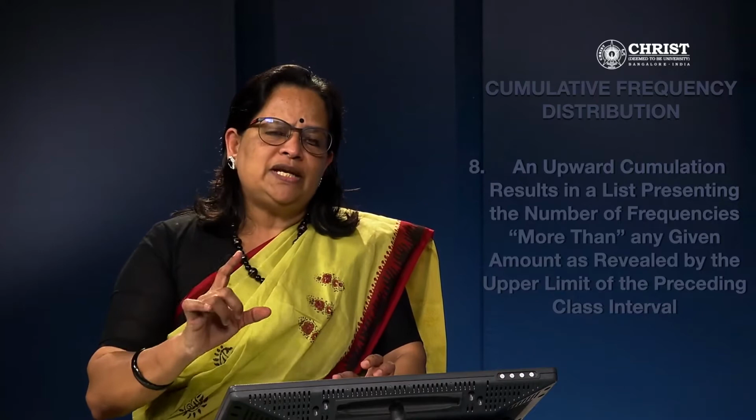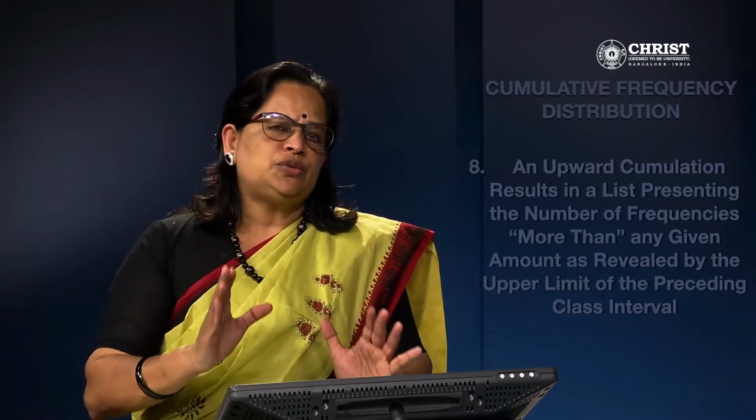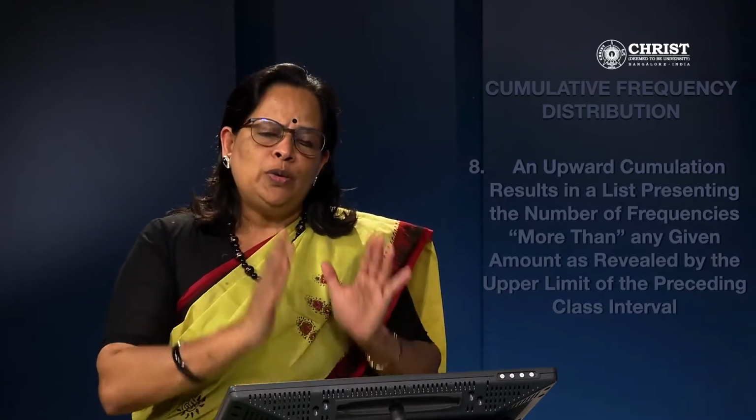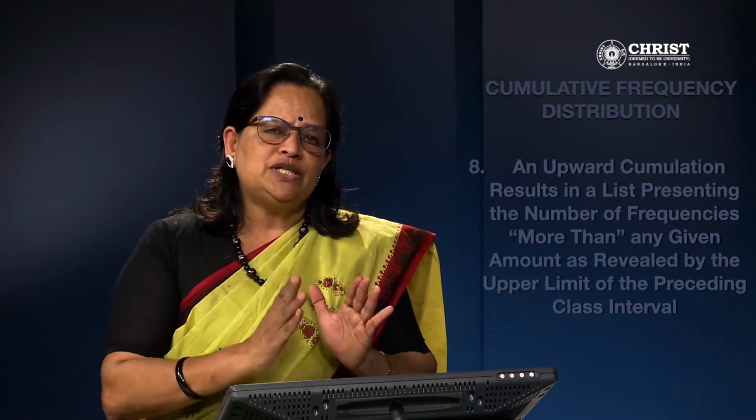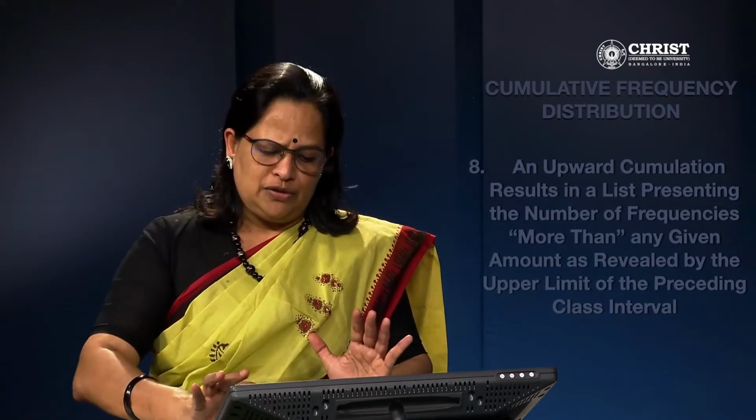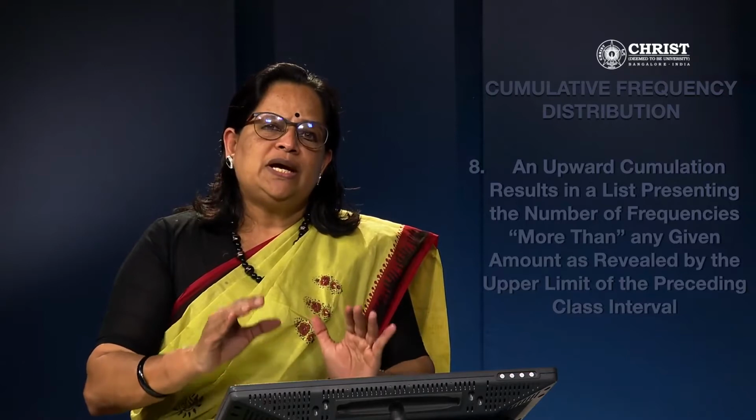So I am going to take an example, an ordinary frequency distribution, and explain how we can do the less than cumulative frequency distribution and more than cumulative frequency distribution. So I am taking this: prepare the cumulative frequency distribution, less than and more than.